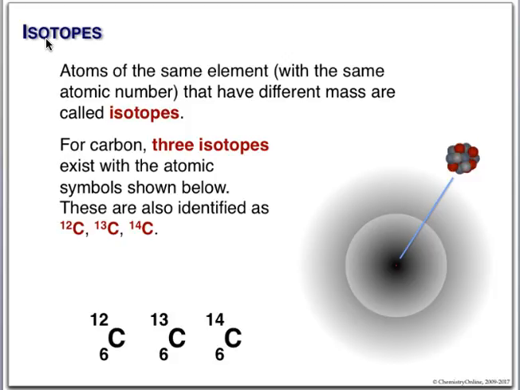Carbon 12 is the common isotope. About 1% is 13, and a tiny trace is 14. This is an abbreviation. Again, these are all carbon because they have the same number of protons. They just have different mass numbers because they have more neutrons.